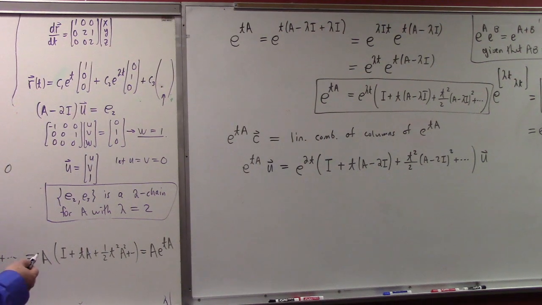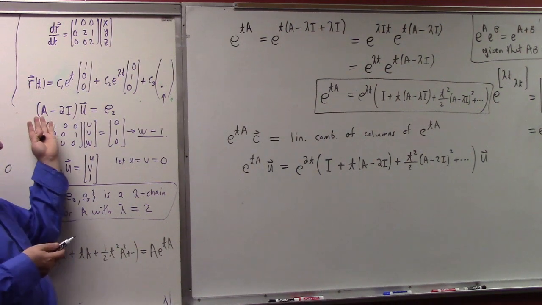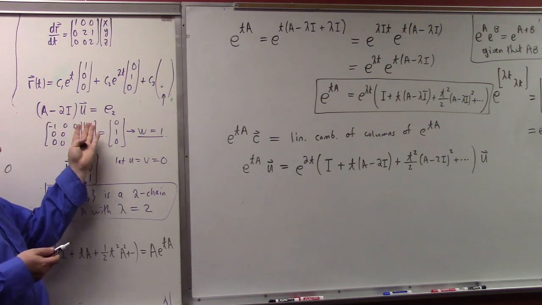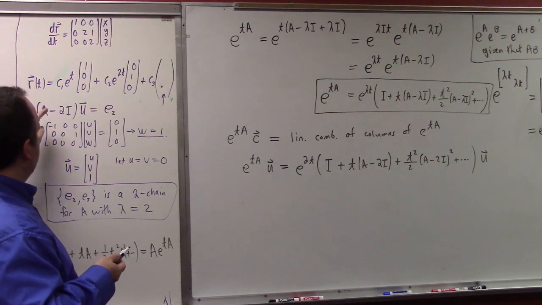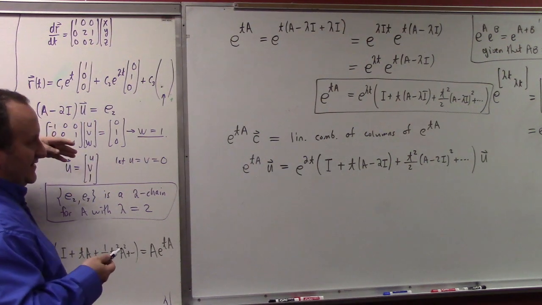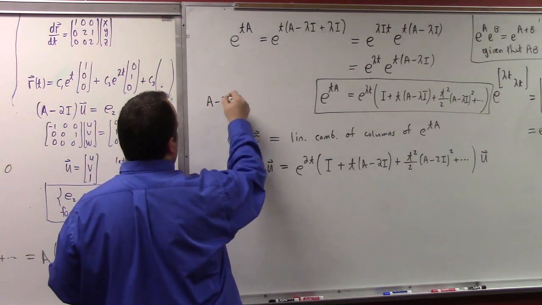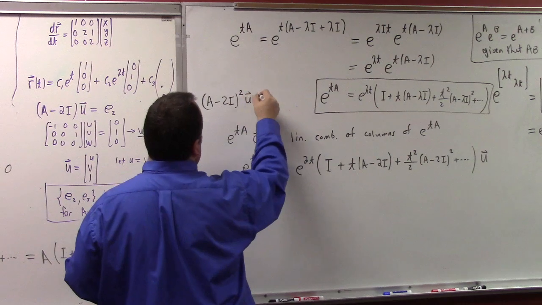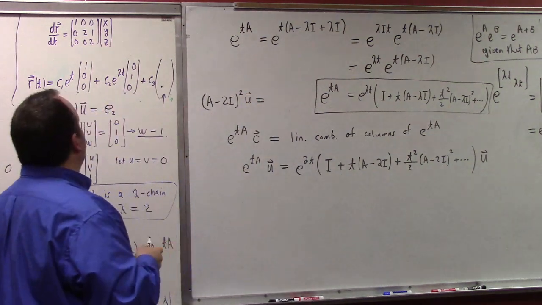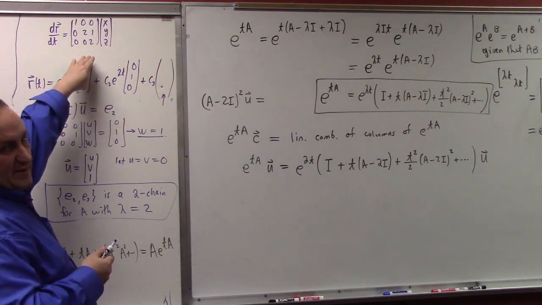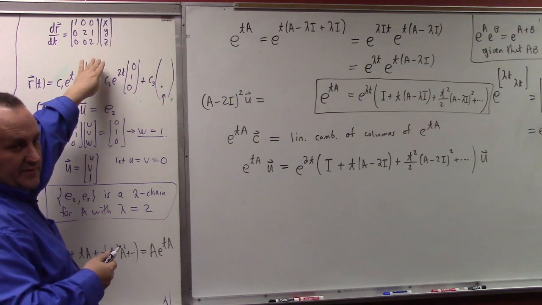Now what happens? Well, first of all, one of the things we proved last time was that (A minus 2I) squared on u equals what? Maybe you can see it better today since we've done more calculations.